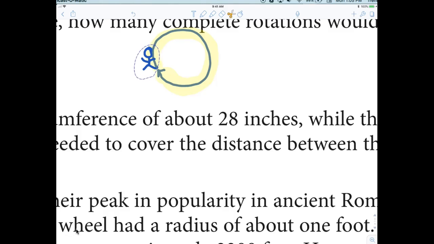You've traveled 10 rotations, which means you've traveled 10 what? What's a rotation again? Circumference. Yes. So to figure out how far you've gone, you would figure out the circumference and multiply it by 10. Is everybody with me?